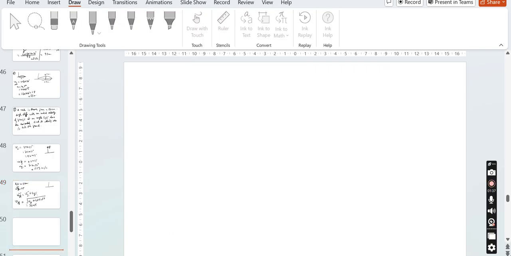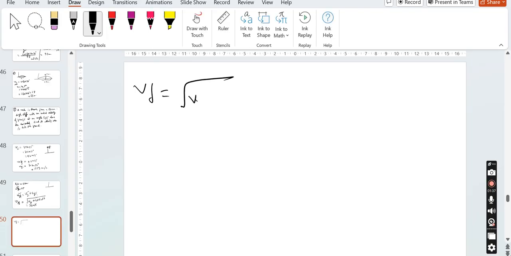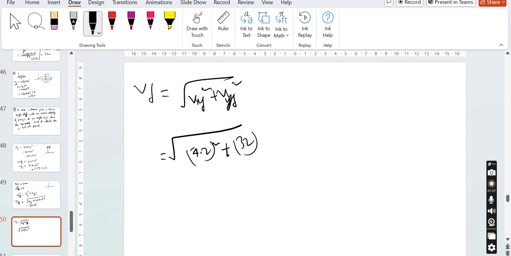So the final velocity is the square root of vxf whole square plus vyf whole square, that is 4.2 whole square plus 32 whole square.